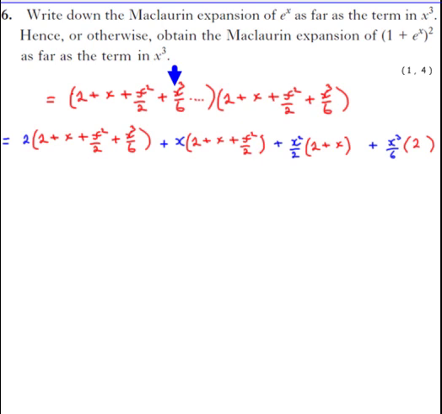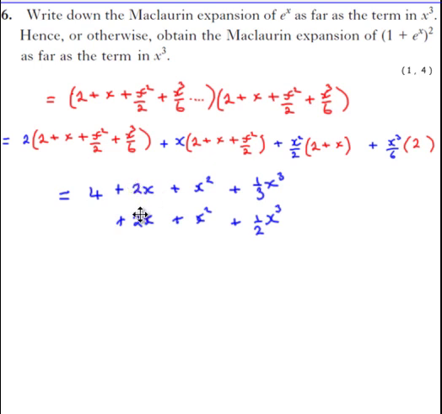Multiplying out the first bracket, 2 times 2 is 4, 2 times x is 2x, 2 times x squared over 2, the 2's cancel, so that's just x squared. 2 times x cubed over 6, the 2 cancels into the 6 to leave us 1/3 x cubed. Now multiplying out the second bracket, x times 2 is 2x, x times x is x squared, x times x squared over 2 is 1/2 x cubed.